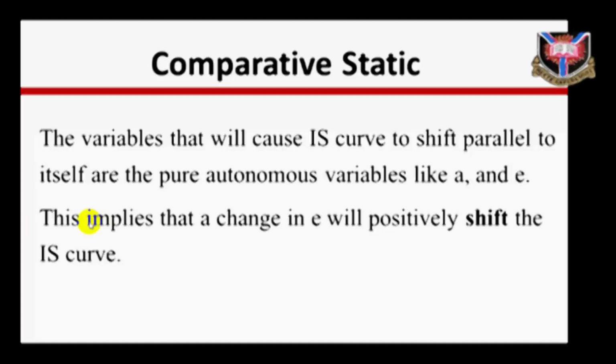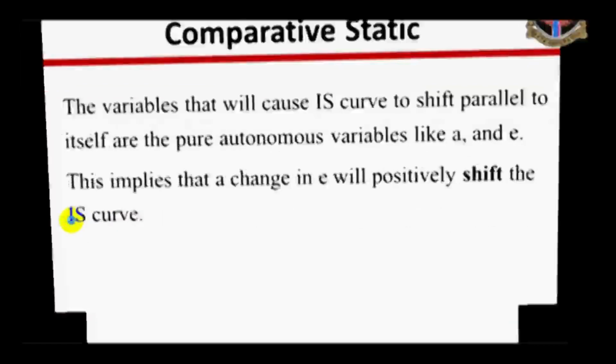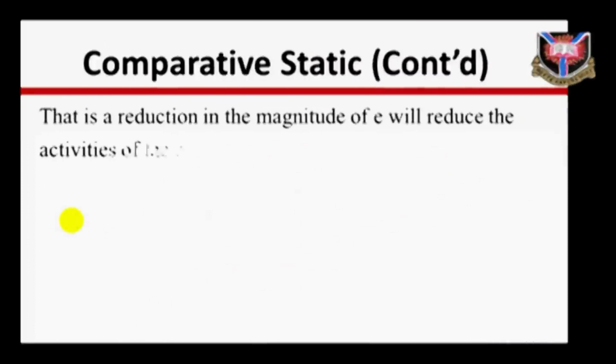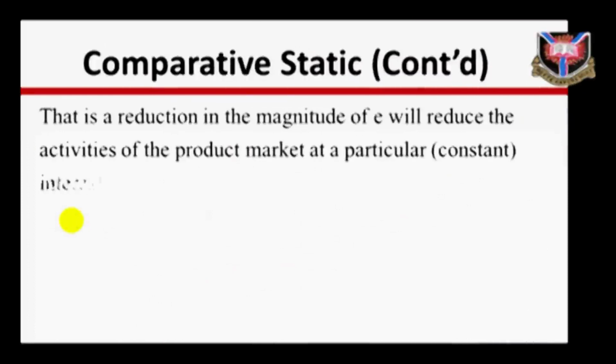This implies that a change in E will positively shift the IS curve. That is, a reduction in the magnitude of E will reduce the activities of the product market at a particular interest rate. Conversely, an increase in the value of E at a particular interest rate will raise the volume of product market activity.